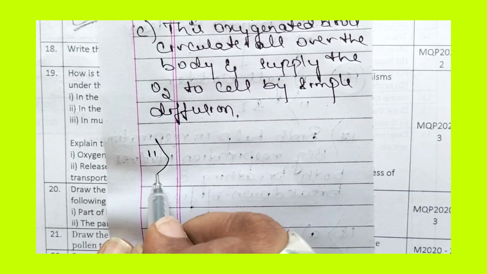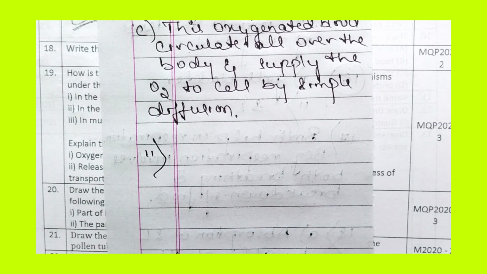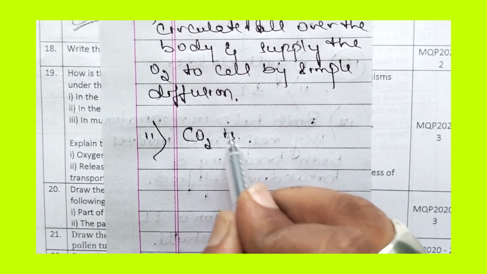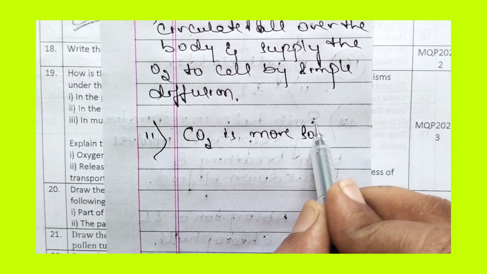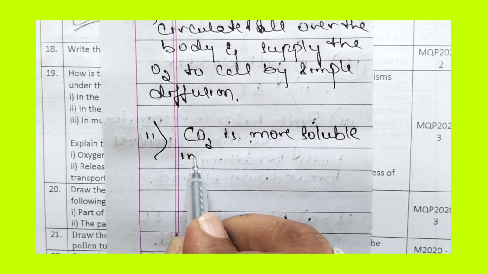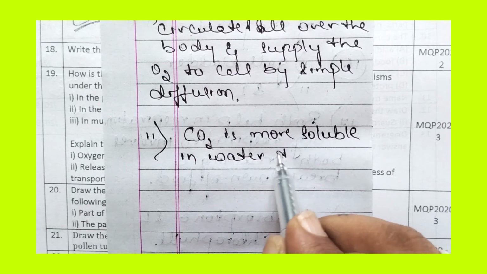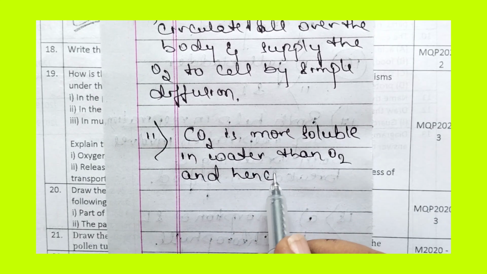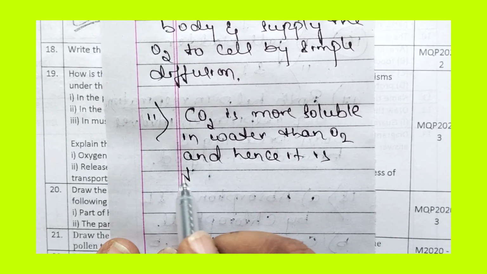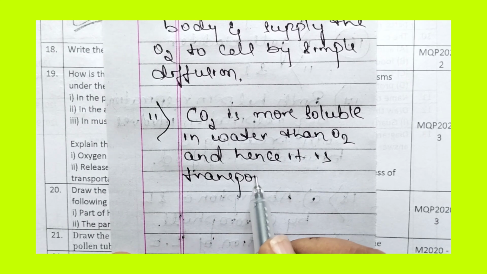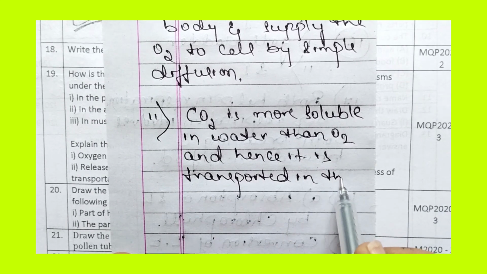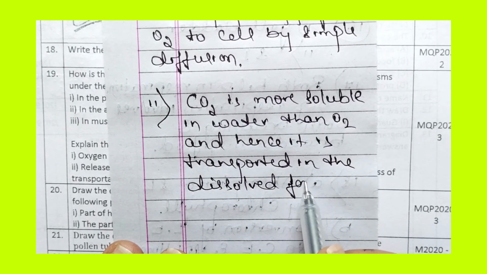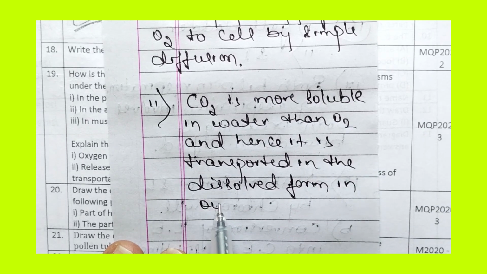Now let us answer about carbon dioxide. So if we write about carbon dioxide, carbon dioxide is more soluble in water than oxygen, and hence it is transported in the dissolved form in our blood.